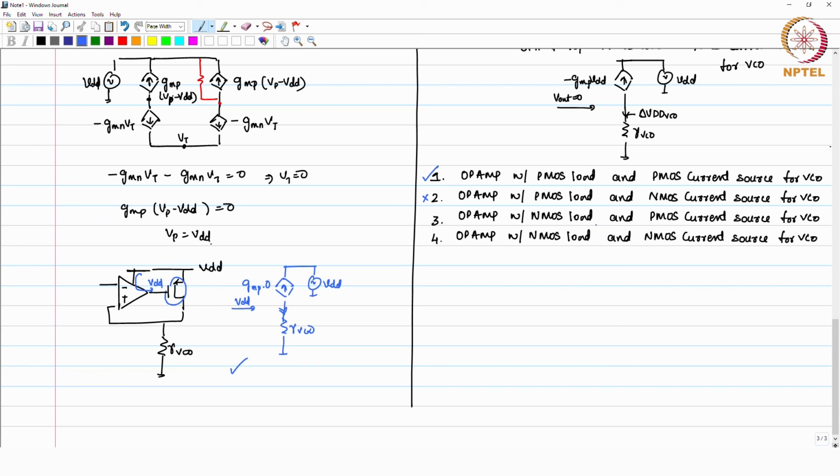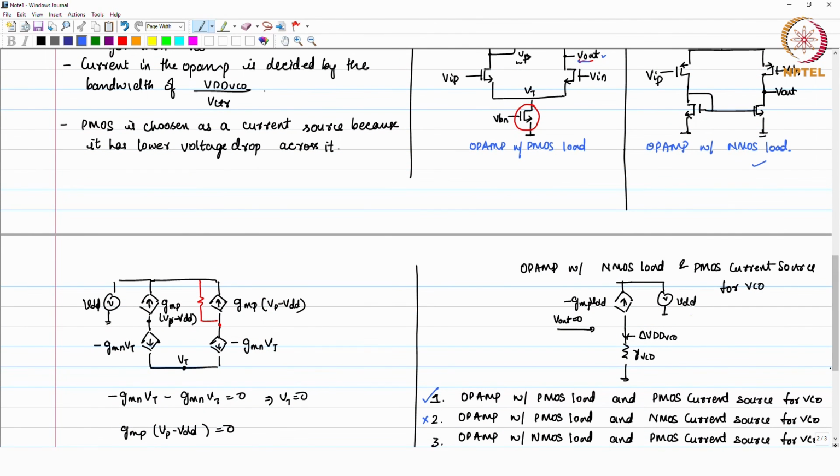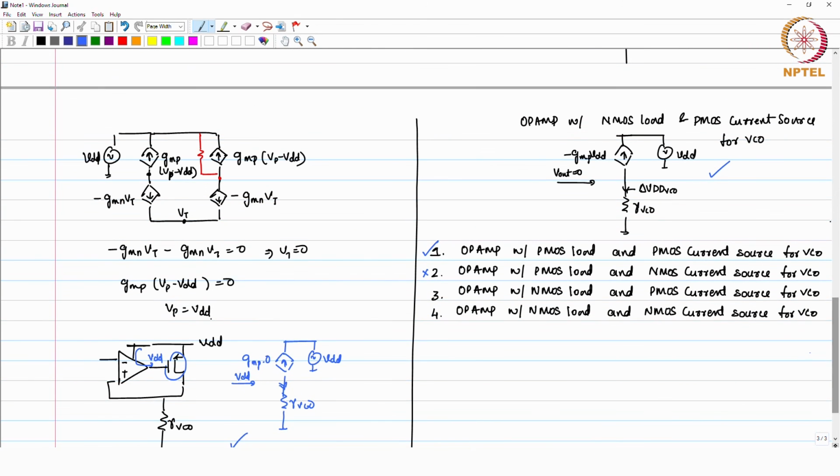Then Opamp with Nmos load and Pmos current source, whose analysis is shown here, is not good because you have the supply noise coming at the gate and the source connected to VDD. Opamp with Nmos load and Nmos current source is good because when you have Nmos load, the gate of the Nmos current source will not have the supply noise, and the Nmos current source offers like an ideal current source there.